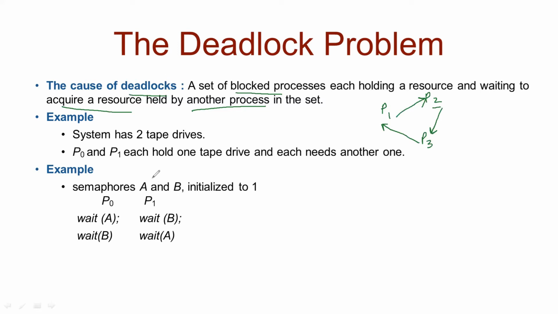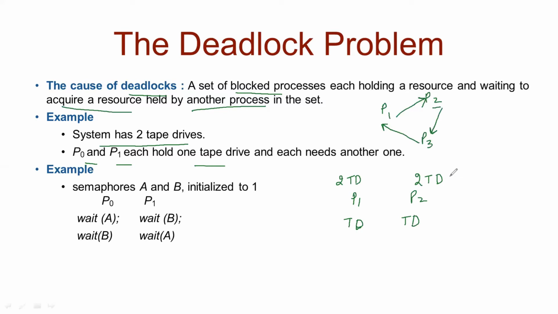Let's take another example. A system has two tape drives. P1 has one tape drive and P2 has one tape drive. P1 needs two tape drives to complete its execution. P2 needs two tape drives to complete its execution.